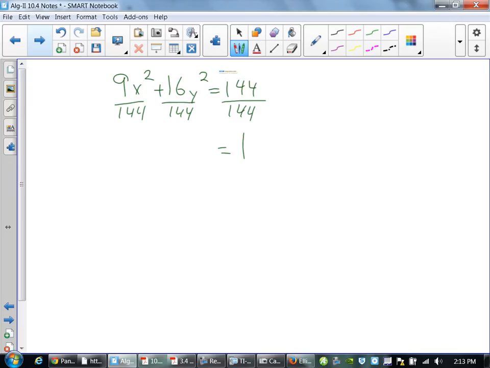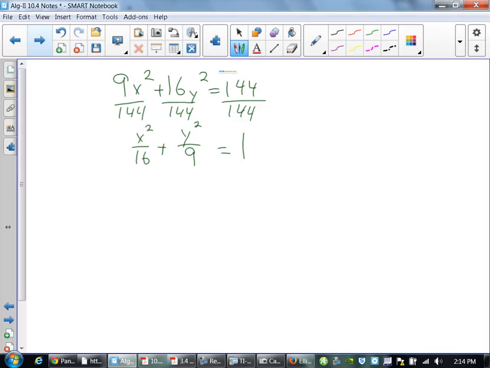So 16 over 144 is 1/9. So this is y squared over 9, and it's going to be x squared over 16. Now I'm in the standard form of an ellipse. I have x squared over a number plus y squared over a number equals 1.